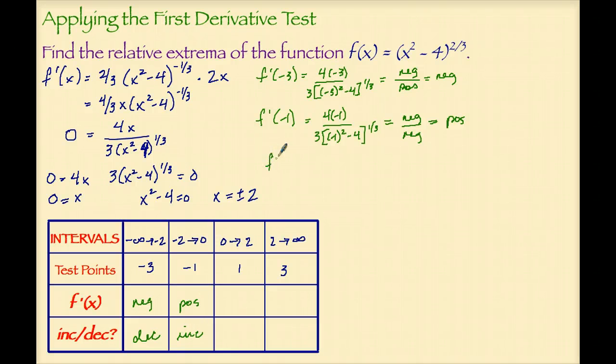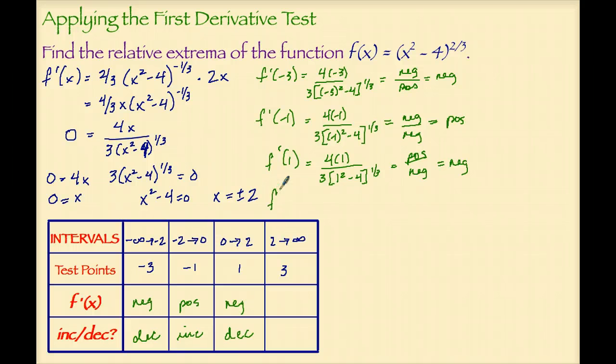Now let's do the same for positive 1. 4 times 1 over 3 times (1 squared minus 4) to the 1/3. A negative number to the 1/3 power is negative, times 3, negative in the denominator, but positive in the numerator. So now I have a negative sign, which means the function is decreasing in that section.